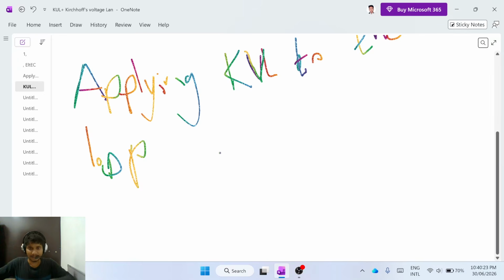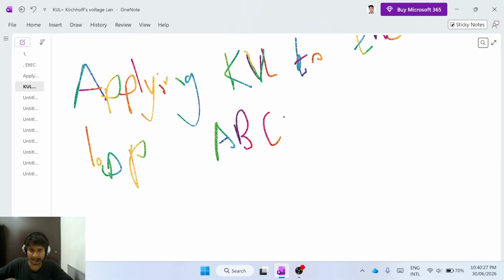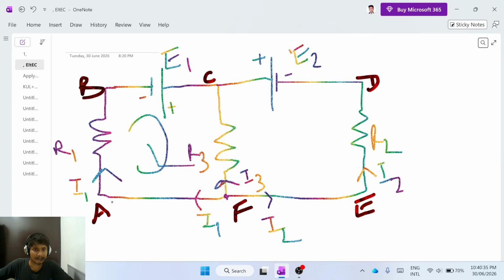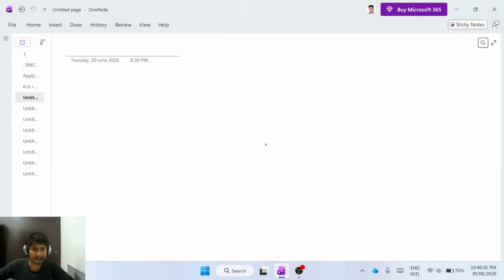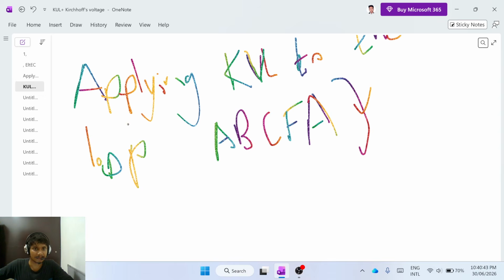Which loop? ABCFA, in which direction? That is this direction, ABCFA, in the right direction.